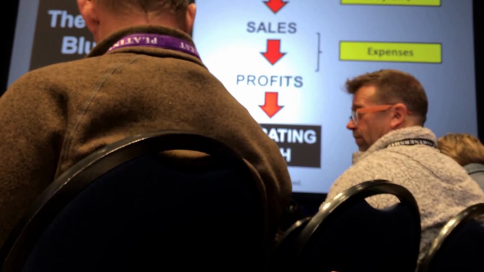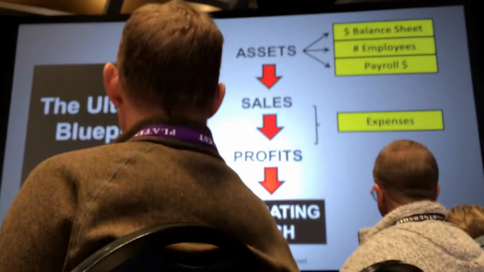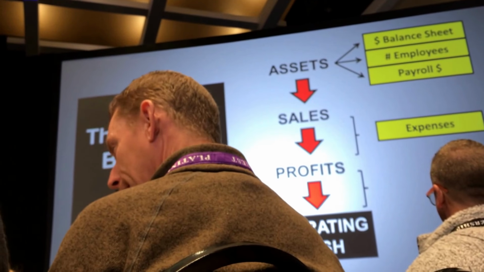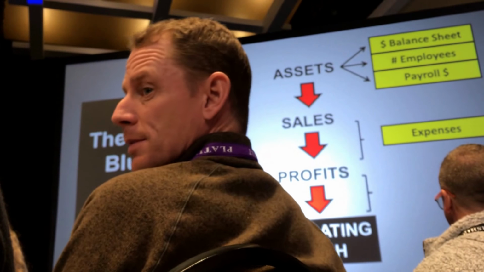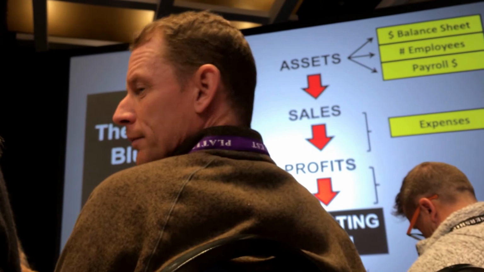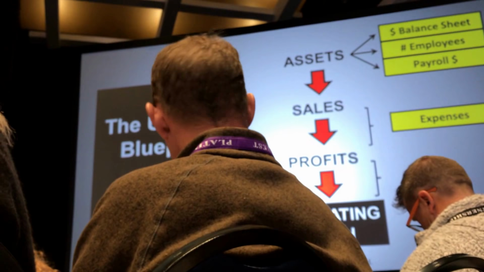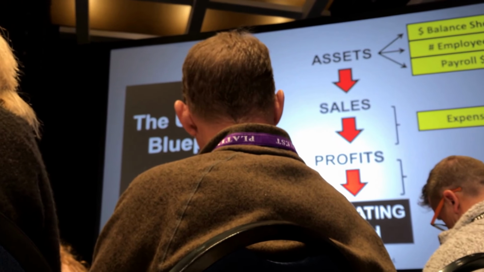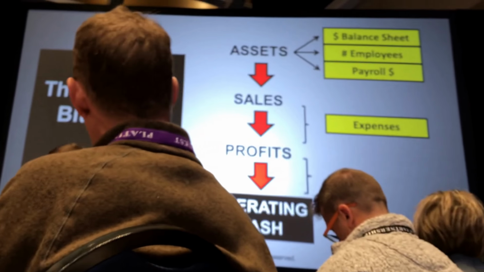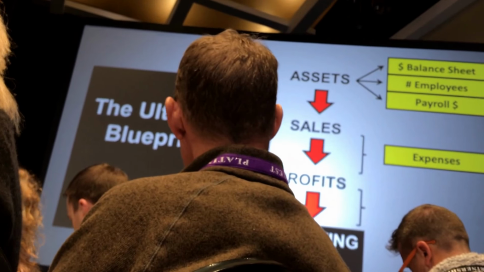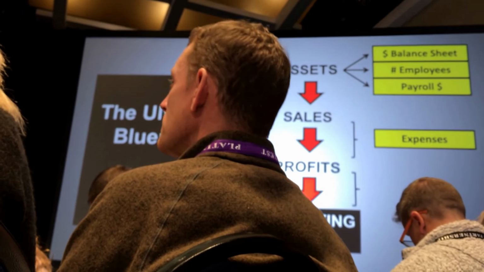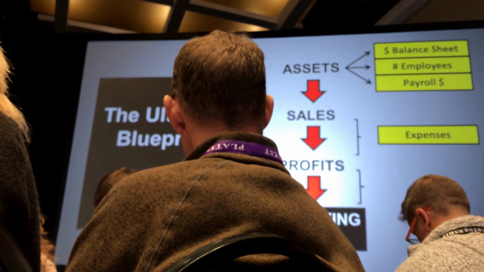The whole reason to have profits is to get it into operating cash flow. And the difference between profits and cash flow is four things. There's four levers in your business's cockpit that if you know these levers and work these levers, you have the ability to convert profits into cash flow more productively.